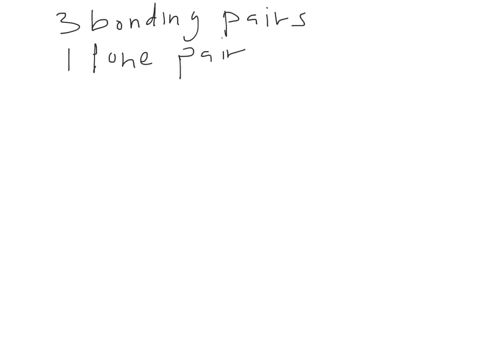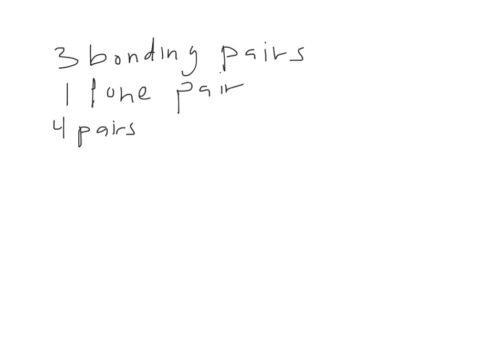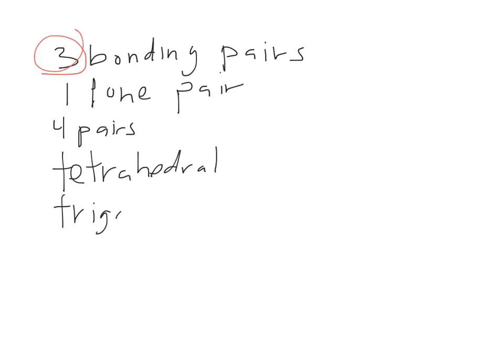So that gives us 4 pairs total, giving us a tetrahedral electron geometry shape. But because we do know that it only has 3 total bonding pairs, we know that the molecular shape is going to give us a trigonal pyramidal shape.